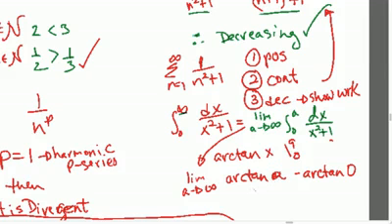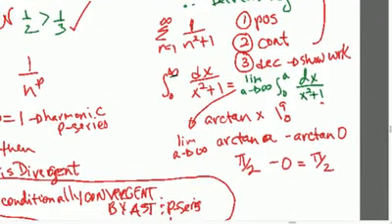Then you end up with pi over 2 minus 0, which is pi over 2, which the integral test states that it converges if that occurs.